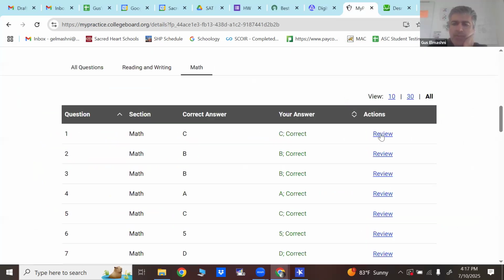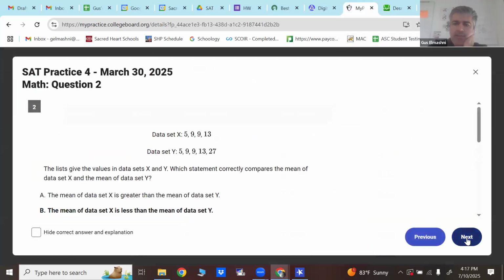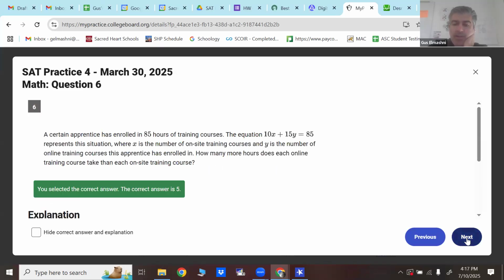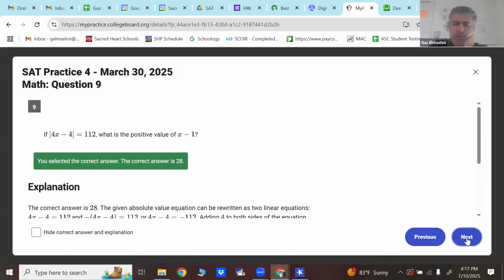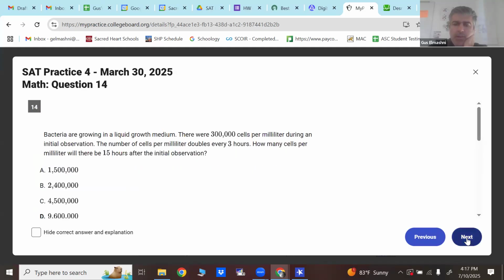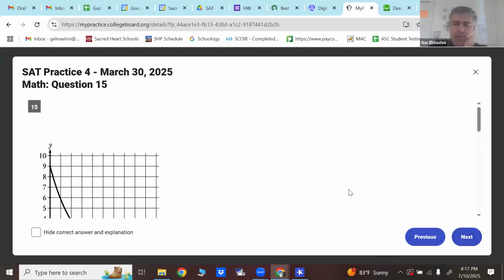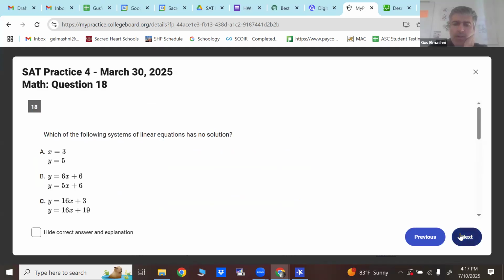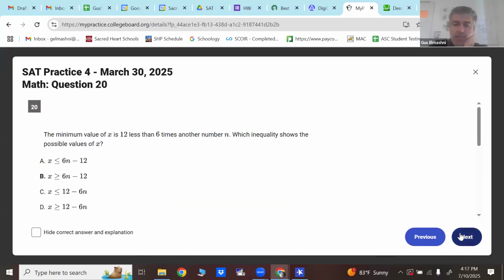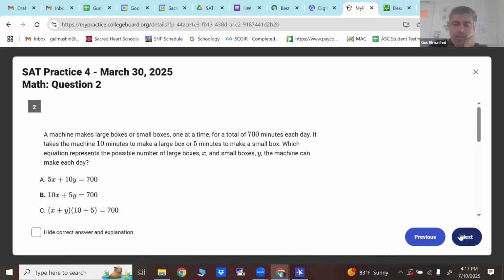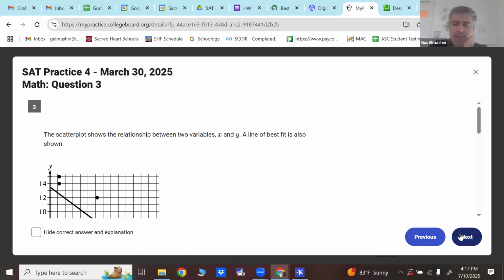So if we think back here, how many times I used Desmos to help me out, or some strategy? Okay, didn't really do it there. Didn't do it there. Didn't do it there. It did it here. So that was 1. Didn't do it here. 2, 3. Did some strategy. So 4, 5, 6, 7.